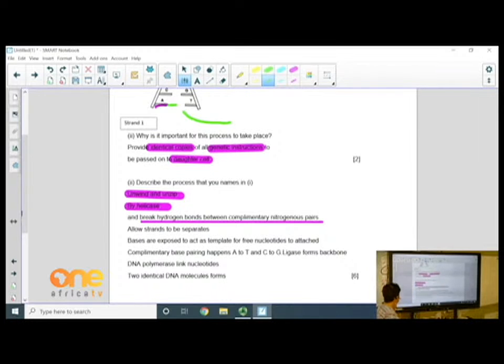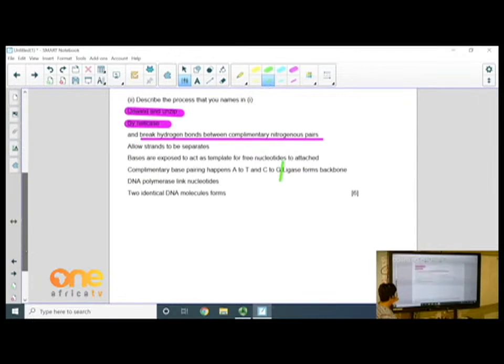Complementary base pairing happens, A to T and C to G, and ligase helps to form the backbone. DNA polymerase can be in the next line. DNA polymerase links the nucleotides, and two identical DNA molecules will form.